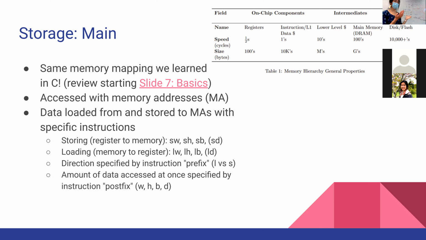And vice versa in the opposite direction: if we have a 32-bit register with all 32 bits filled with active data, and then we did store byte, it would only store the first byte's worth of stuff, even if the upper 24 bits are stuff that we care about. So it's very, very strict in that sense. So you want to make sure that you're using the correct postfix.